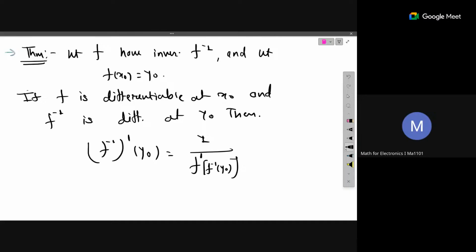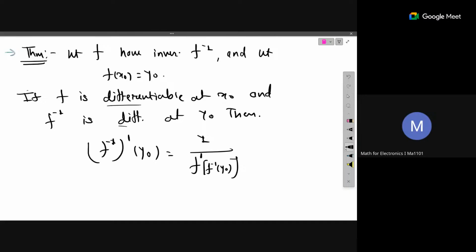So this is the formula, and the prerequisite is simply the differentiability of both functions, which, I mean, in 99% of cases they will give you the differentiable function only, and then they will ask you the derivative at a particular point for f inverse. In several cases the differentiability will always be there, but you should remember that the function should be differentiable. Then only can we apply this particular theorem.